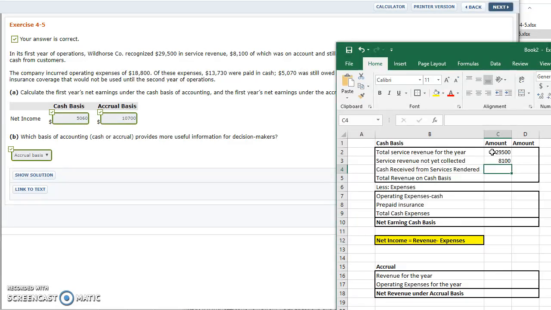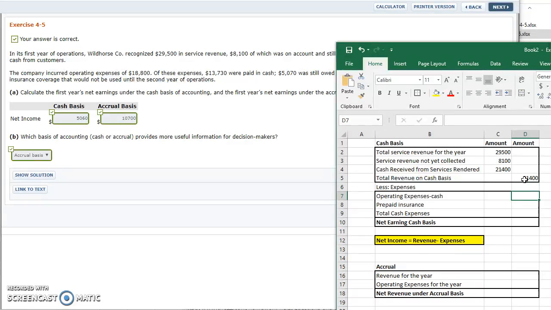So to get the cash received from services rendered, obviously we're going to subtract that. 29,500 minus the service revenue that was not collected means that they got a total of 21,400. So that's our total cash received from services rendered for this year.